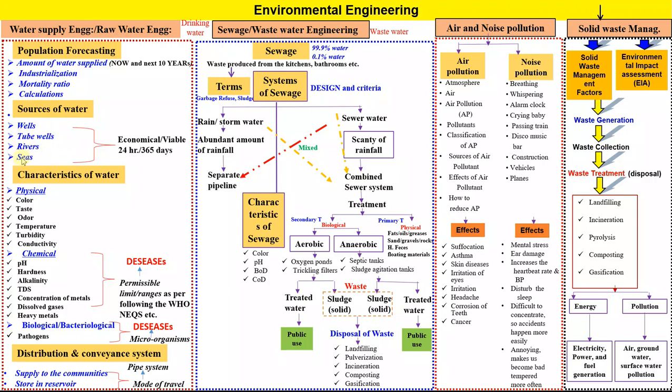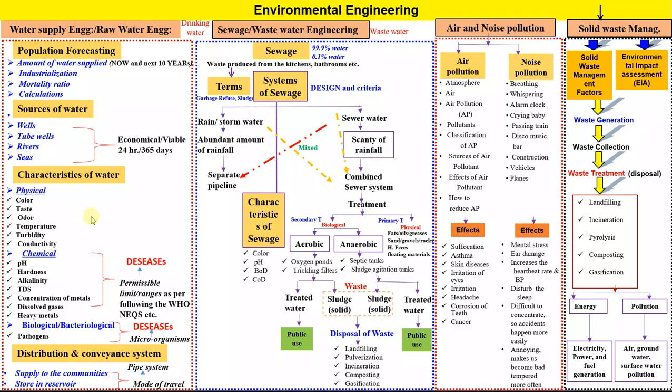Wells, tube wells, rivers and seas are the sources of water. But definitely seawater is hard to drink. The source has to be economical and viable for 24 hours or 365 days, so we have to see what the nearest source is from which we collect the water.